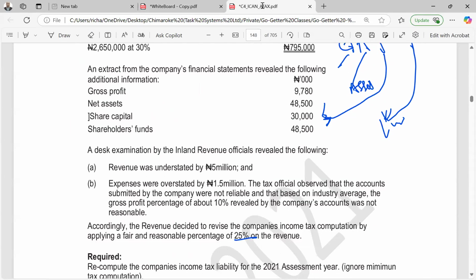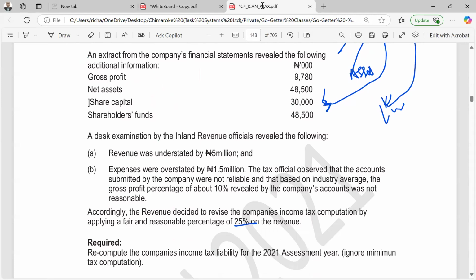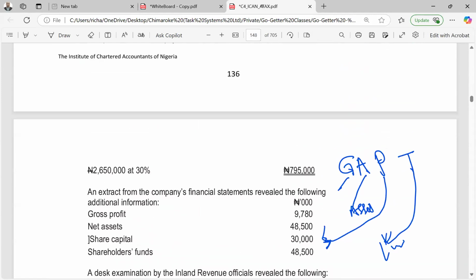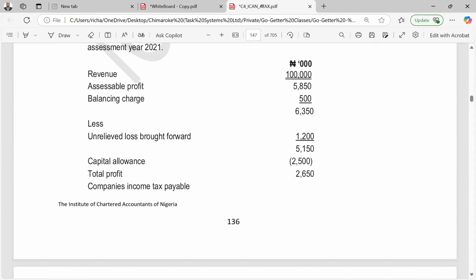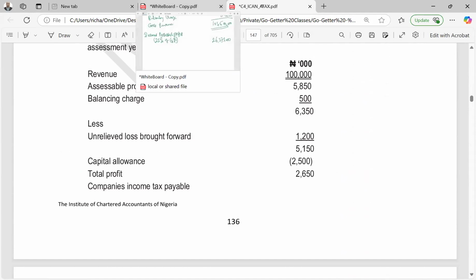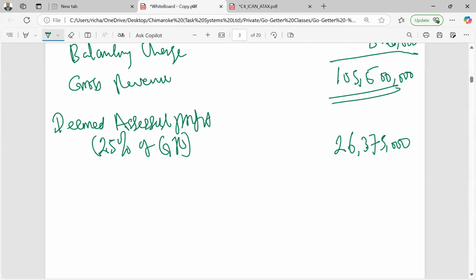Then we don't have a capital allowance here, do we? Okay, we have loss brought forward, 1,200,000, less the loss brought forward.